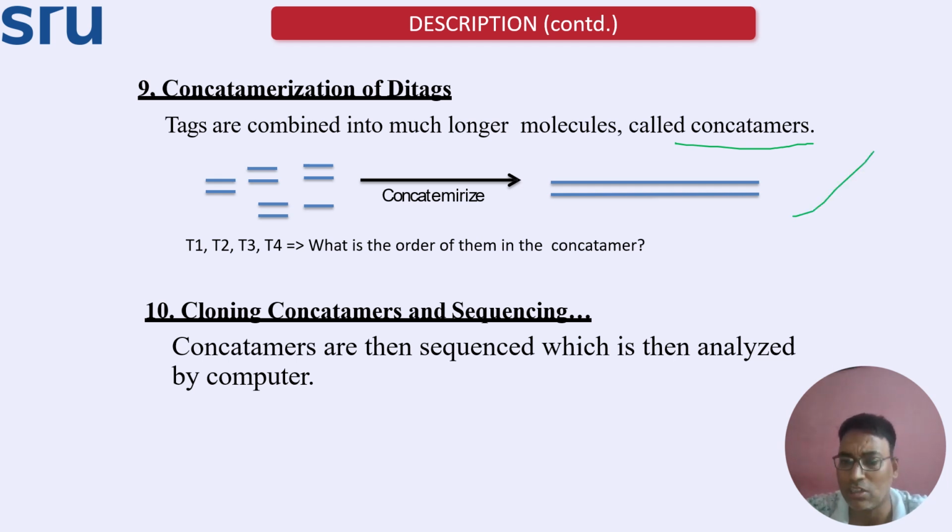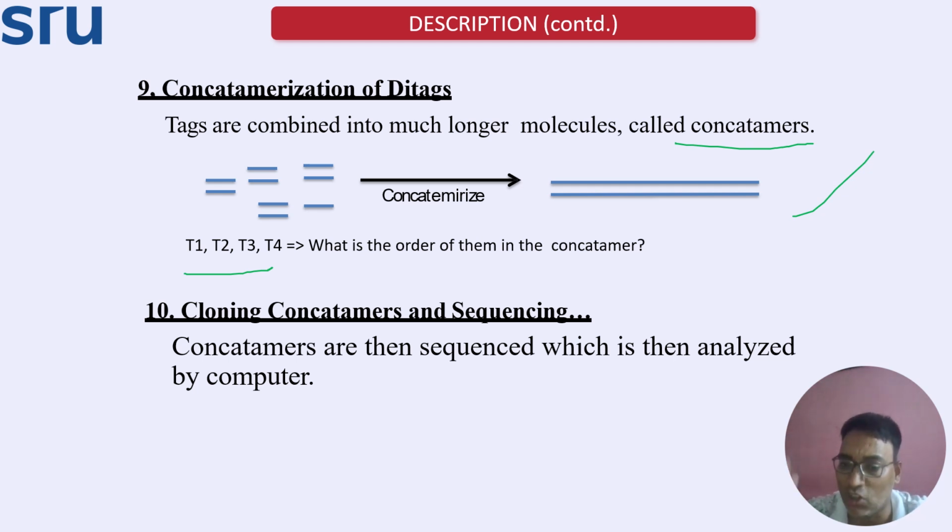Now a small conceptual question for you. If I'm having four tags T1, T2, T3, T4, what is the order of them in the concatemer? Can I find out? Think of it. You need to think and tell me how many possible concatemers can be generated by using the four tags.